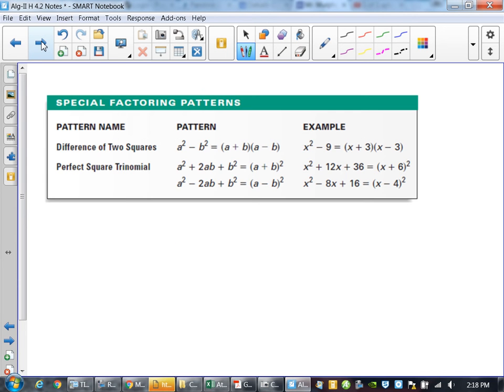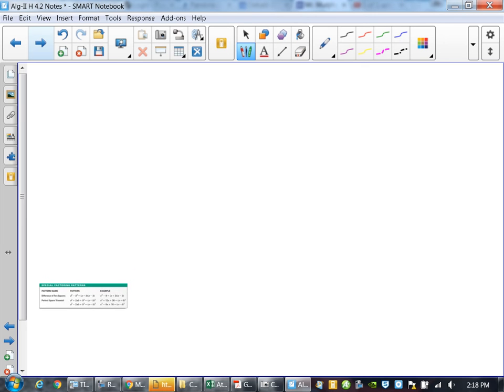Now I'm only having 2 terms. Okay? When you have 2 terms, you have to ask yourself 3 separate questions. Seems like a lot, but the first one is pretty easy.